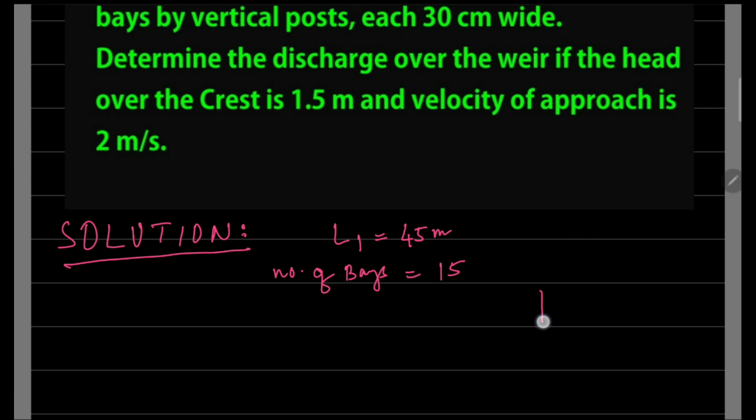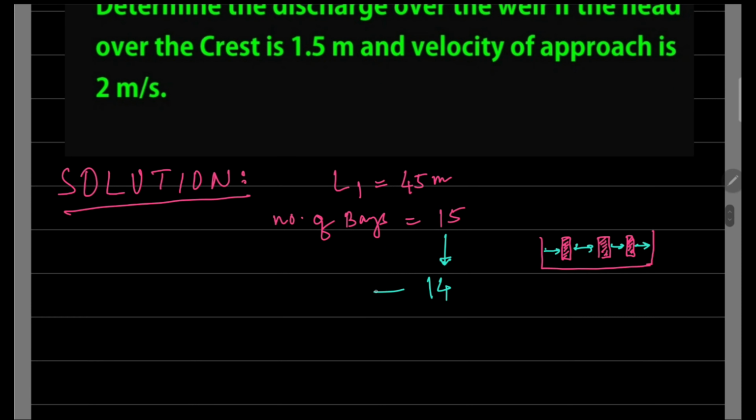We can understand that if this channel has 3 posts, the inclusion of 3 posts has divided the weir into 4 sections. So using the same strategy, with 15 bays, the required number of posts is 14, that is 15 minus 1. So this will be the number of vertical posts.